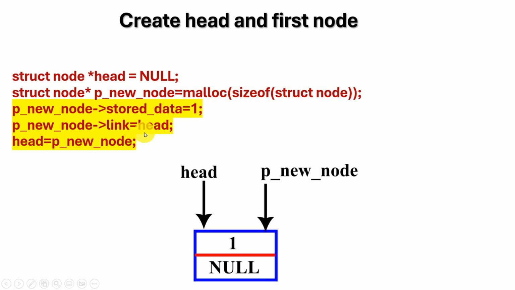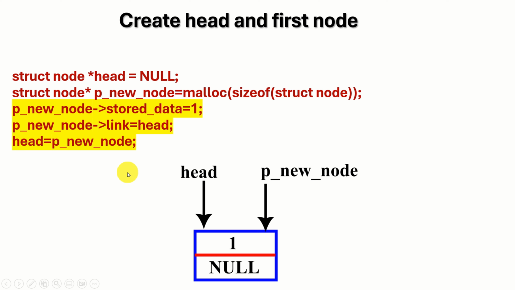What does this mean? We're saying that the link of our node should be pointing to the place where head is pointing. Since head is a null pointer, pNewNode link will be equal to NULL. And we will have the situation over here.